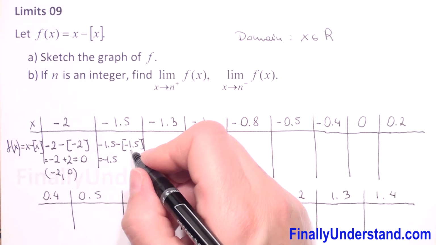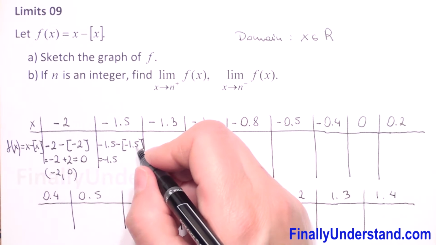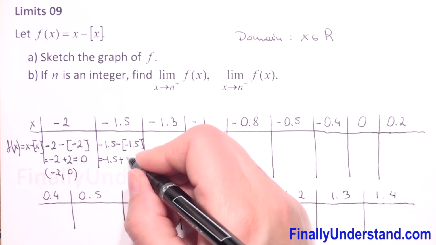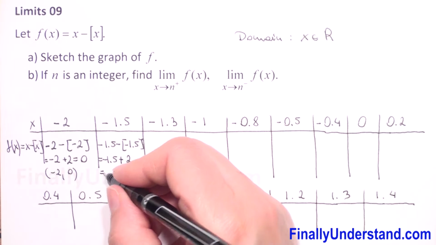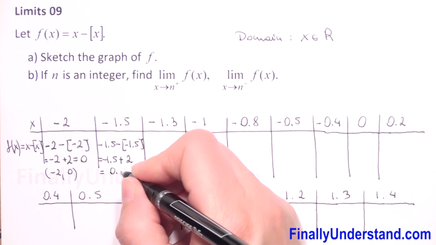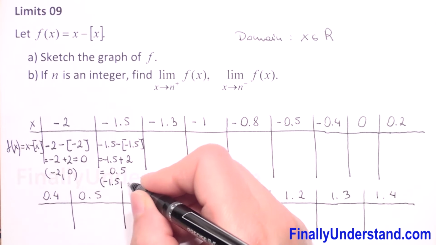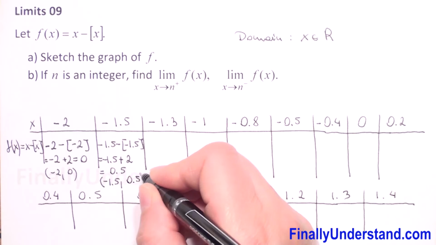The integer which is less than negative 1.5 is negative 2. So negative and negative will be positive 2, and this is equal to 0.5. So we have the second point, negative 1.5 as the first coordinate, and the second 0.5.